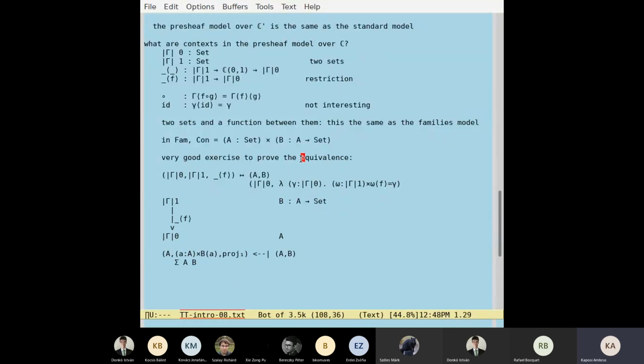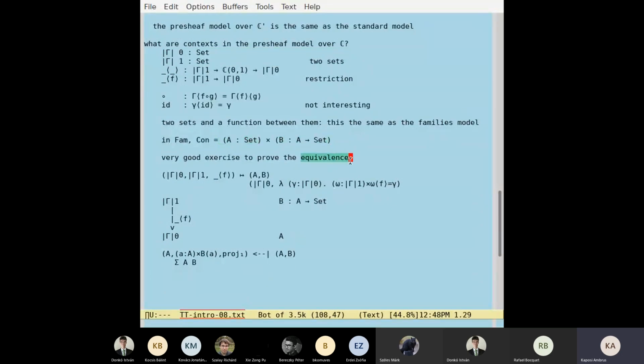Okay, and now we define the two directions of this map. How to map from a context in the family model to a context in the presheaf model, and how to map from a context in the presheaf model to a context in the family model.